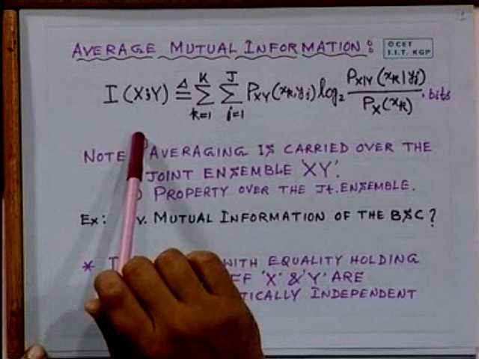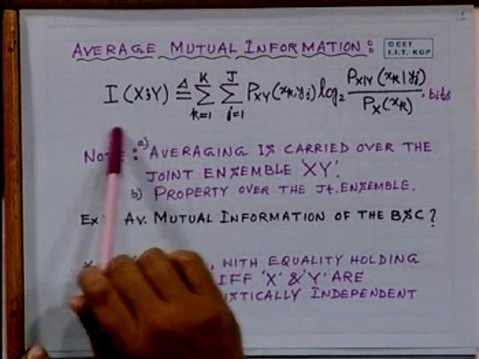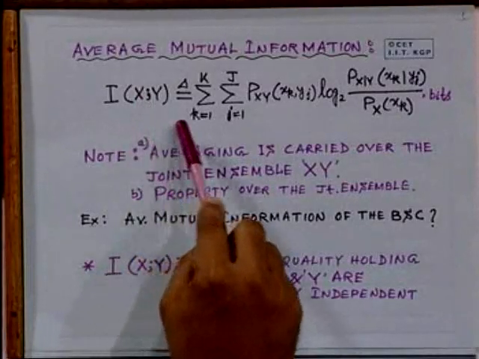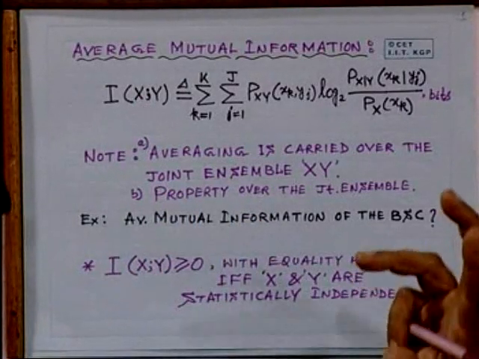Maximum possible value of this average mutual information, he called the capacity of the channel. This process of maximization is a bit complex to understand at this moment. Now, see the way I have introduced it here, this average mutual information is over the entire ensemble.